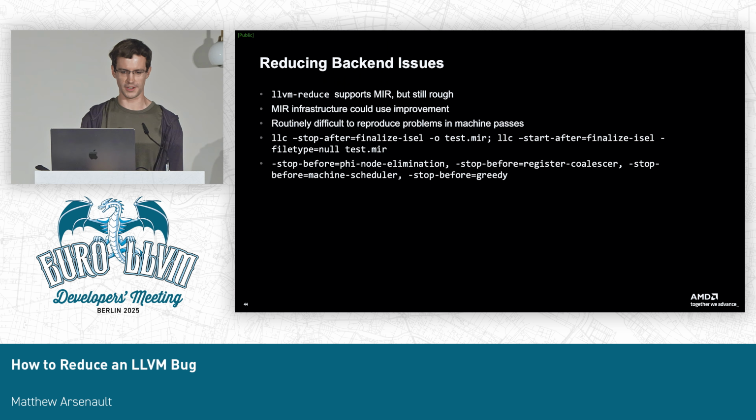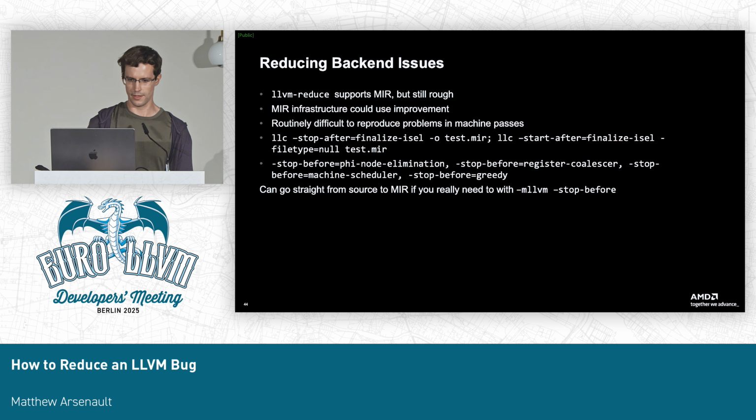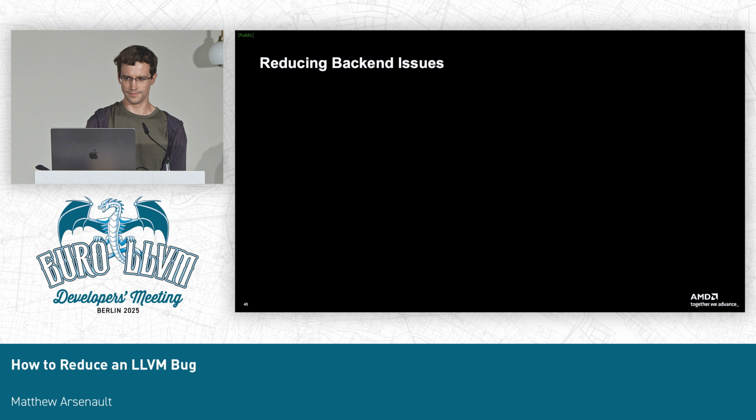The start of the process is PHI node elimination, then the coalescer, the machine scheduler, and greedy. The machine scheduler in particular is a useful point because there are some weird side effects that happen in live intervals that the machine scheduler perturbs, and then there's side state that isn't captured anywhere that is relevant later on in the process.